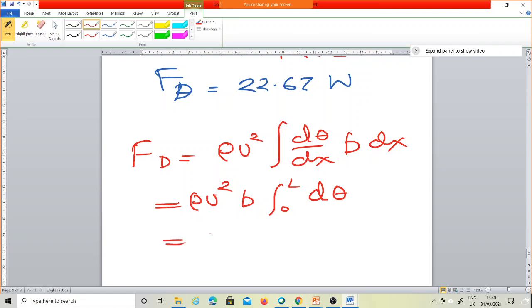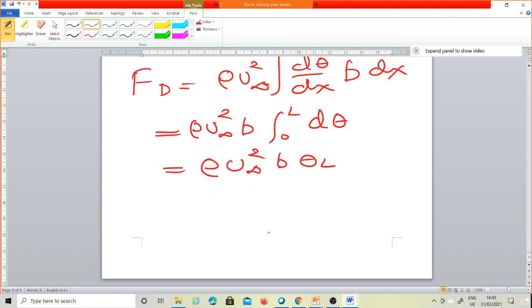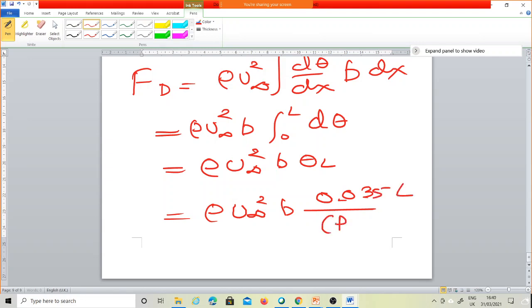So you will get theta, and you will write theta L. If you put the u infinity, we have the theta L, but theta L is already given to you. So it's very easy, the same problem. If theta L is already given, you have 0.035 L divided by REL, but you don't know REL, so you have to find it out.